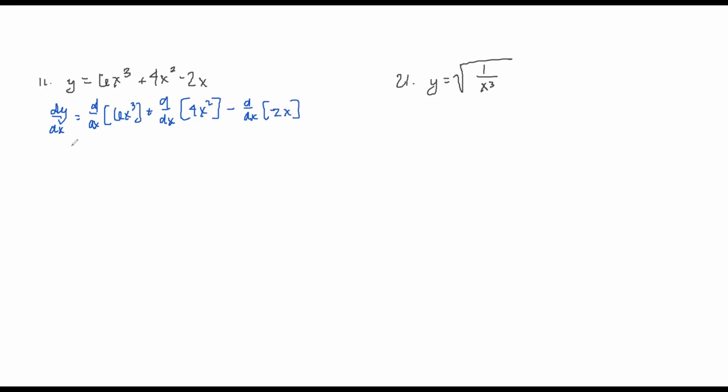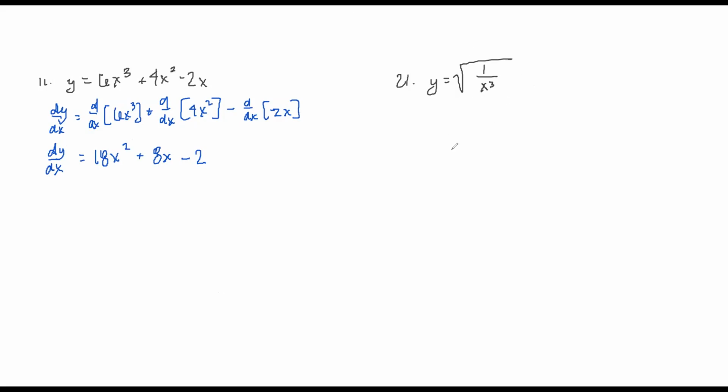So I break it down. I know that dy dx is going to be equal to the derivative of 6x cubed, which is going to be 6 times 3x squared, plus the derivative here, which is going to be 4 times 2x, minus the derivative of 2x, which is just going to be 2. And that is going to be my answer. I'm allowed to just add all of those derivatives up, which is really handy.